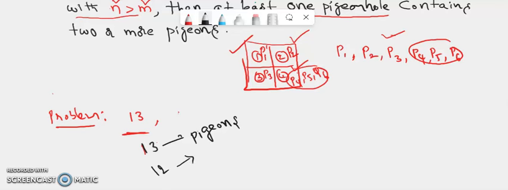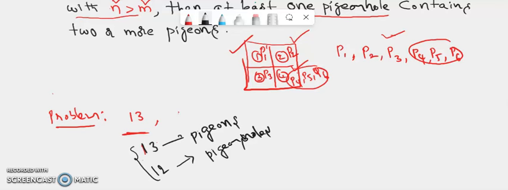So 12 months can be assumed as pigeonholes. So this is a very important concept in the pigeonhole principle. To apply the pigeonhole principle, we need to decide which objects will play the role of pigeons and which objects will play the role of pigeonholes. That is the very important concept.